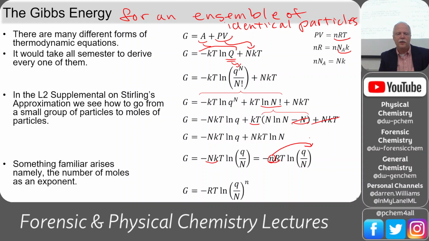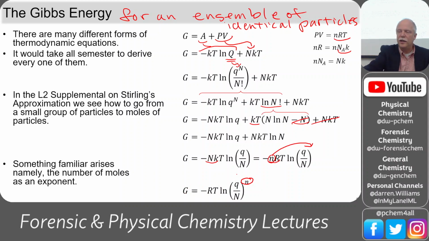So something familiar arises. The number of moles shows up as an exponent. So if you didn't follow the math at all, that's fine. I'm just trying to point out that the number of moles of particles shows up as an exponent of the partition function. So this is the Gibbs energy for an ensemble of a particular molecule type.